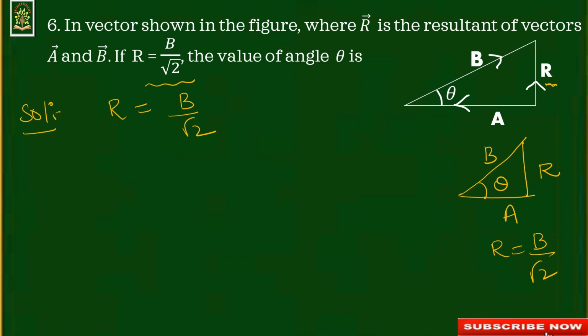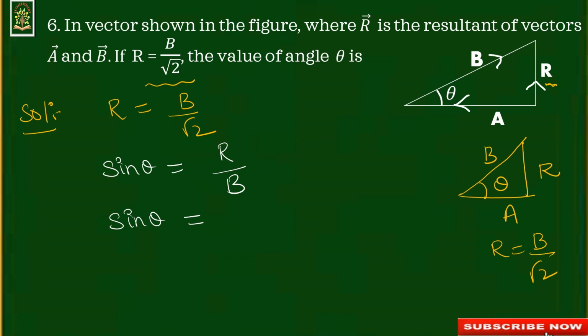Now, we are finding sine theta. Sine theta is equal to r by b. From the figure, sine theta is equal to opposite side by hypotenuse.